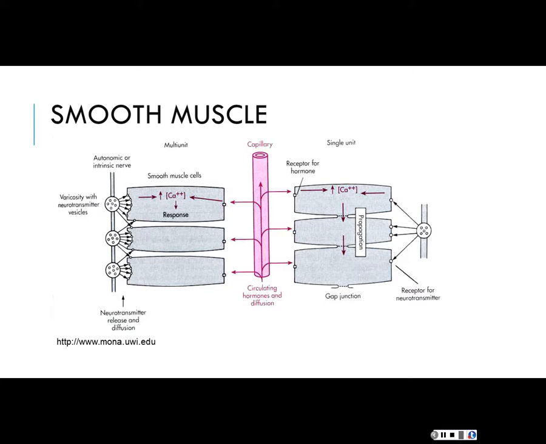Is that true for a multi-unit smooth muscle cell? They're all independent of one another. Multi-unit smooth muscle cells are independent of one another, completely relying upon extrinsic control. So that's due to the gap junction? The single unit coordination is due to the gap junction connection.